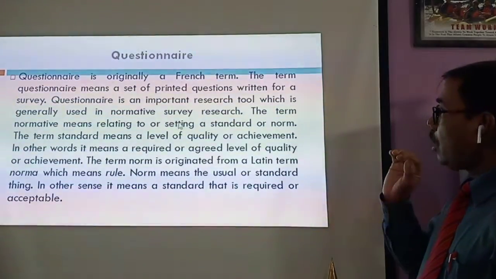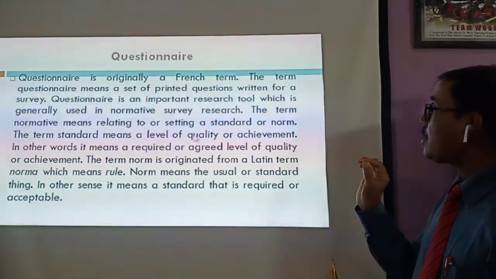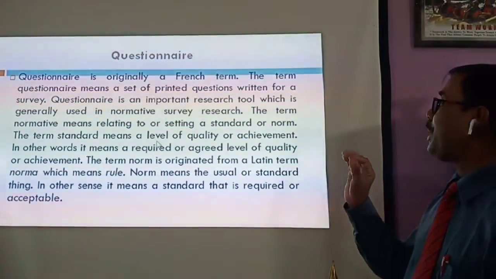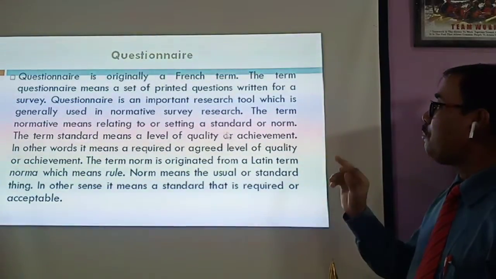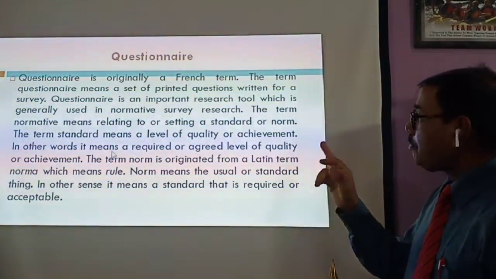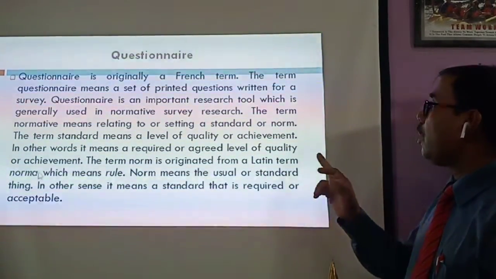The term normative means relating to or setting a standard or norm. The term standard means a level of quality or achievement. In other words, it means a required or agreed level of quality or achievement.